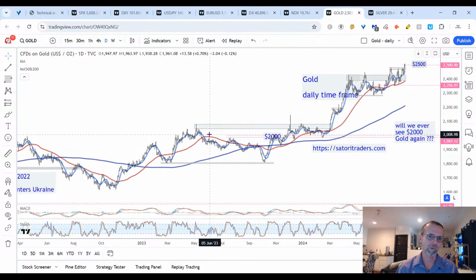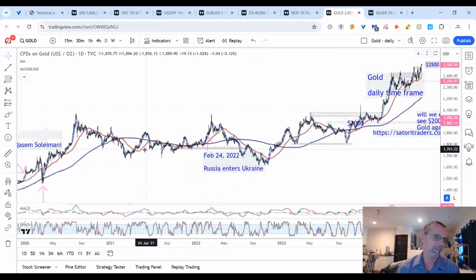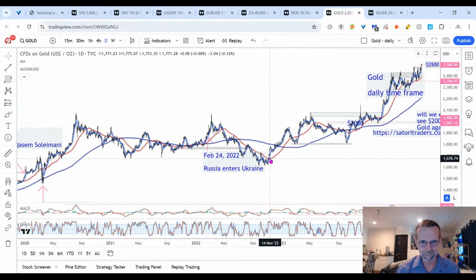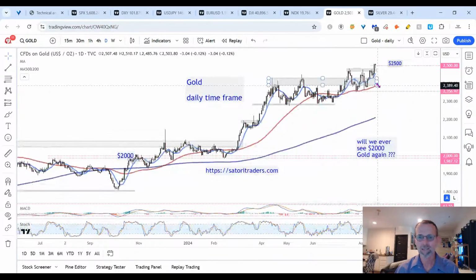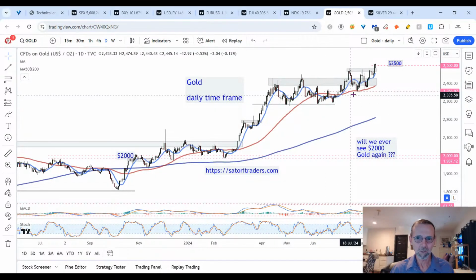We can see here the 50 gets extended above the 200 and then pulls back. We go back as far as you want, it gets extended below, in this case below the 200, and then pops back. And so anyway, the 50 is quite extended from the 200, but gold is strong.